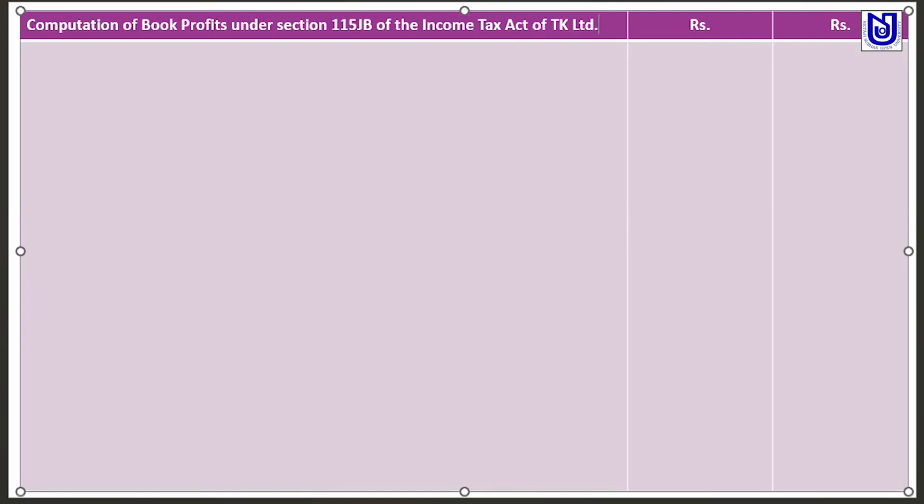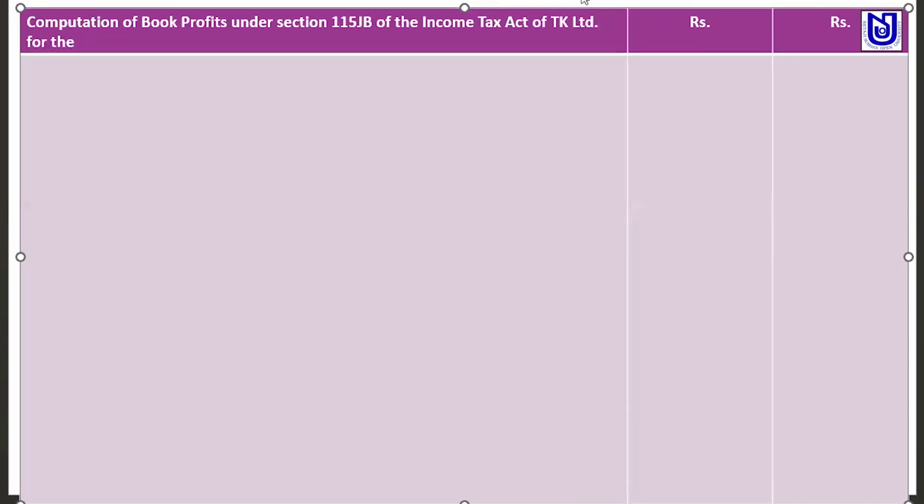TK Limited is an Indian company, earned a net profit of 27,85,000 as per books of accounts after debiting or crediting the following in its profit and loss account for the year ended 31st March 2021. So for the assessment year 2021-22, because the previous year ended on 31st March 2021, the assessment year will be 21-22.